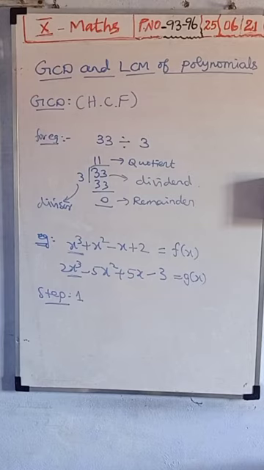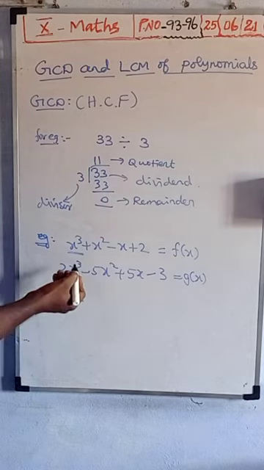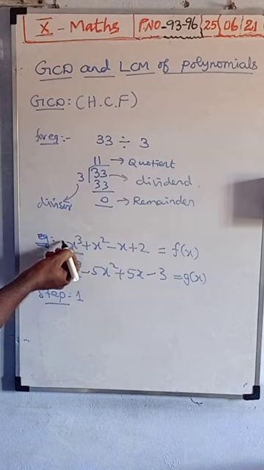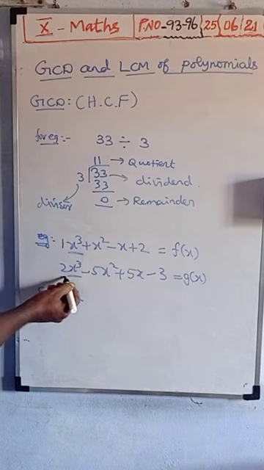Then we go to the second step. If the degree is the same, we next check the coefficients. Here the x cube coefficient is 1, but here the x cube coefficient is 2.